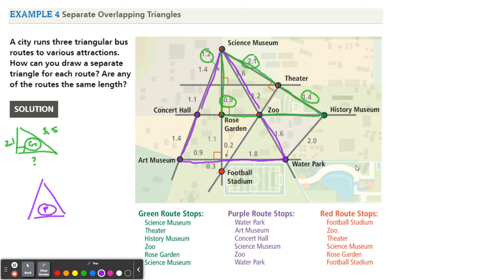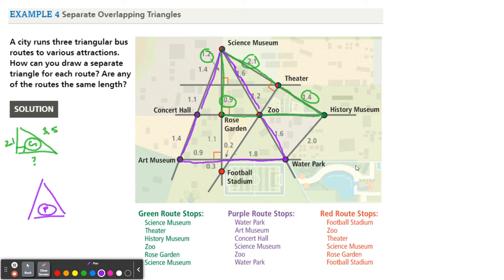So I know that this side right here is 6, 1.2, and 1.6. That's 6 and 2.8. That's 8.8. Oh, I'm sorry. Not 6. I apologize. I covered this up. It's 1.6. So this is not 8.8.